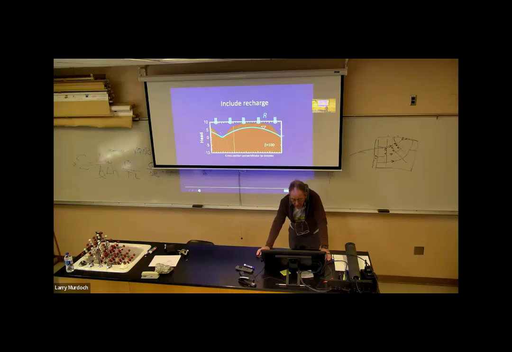And here's an example. So here's two streams, and there's recharge. And you solve this problem for homework, right? The hydraulic heads between two streams with recharge looks like that. So it's doming up, there's the divide. And we have flow to that stream and flow to that stream.